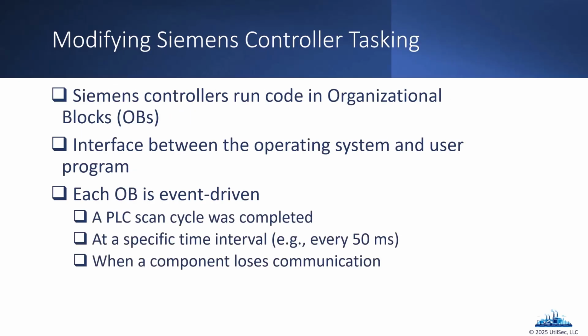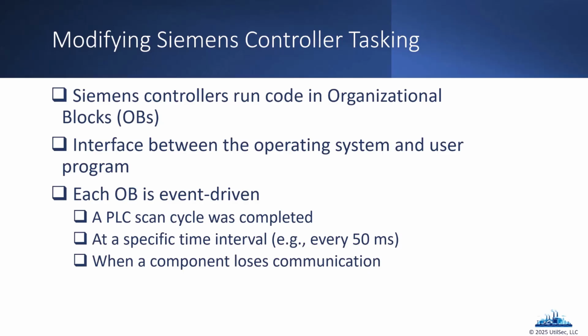And so one of the examples you can look at is with Siemens controllers and how Siemens uses organizational blocks, right? I think of them as these chunks of functionality that the controller uses. And I go back to my Windows days, and you're thinking of kernel mode and user mode, right?